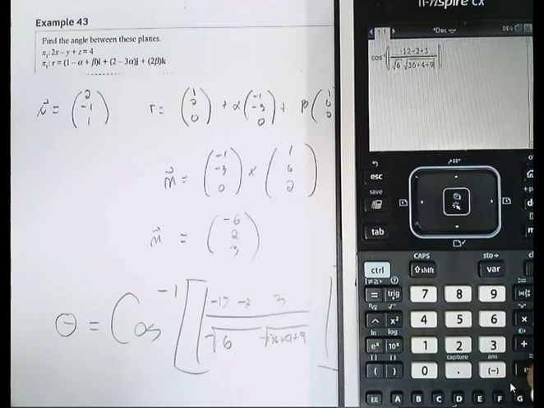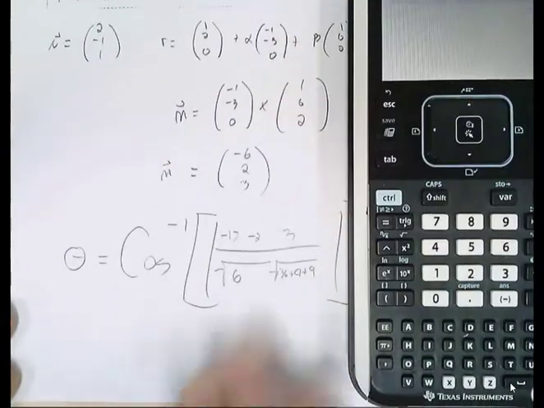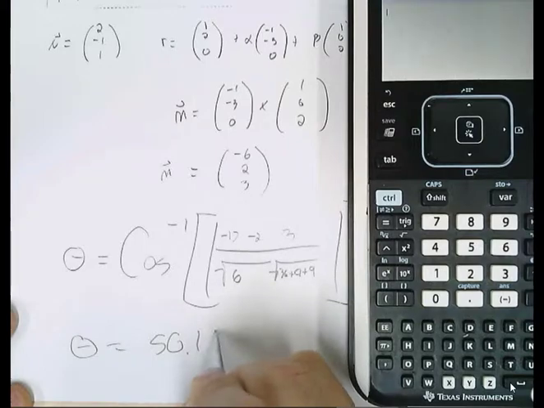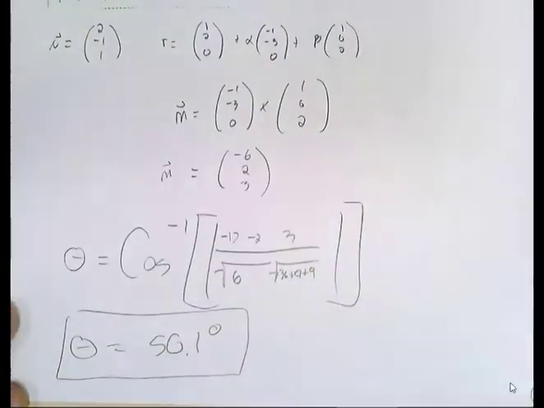And I hit enter, and I get approximately 50.1 degrees. So theta is equal to approximately 50.1 degrees. And there you go. Thanks, guys.